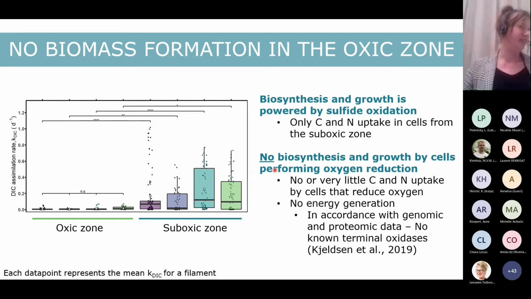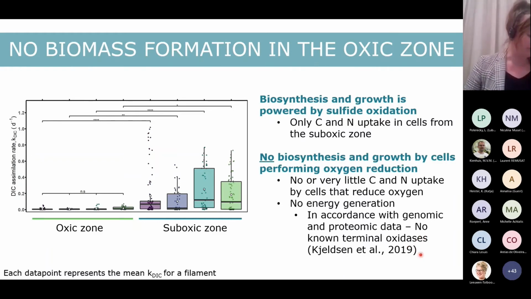Strangely enough, we did not see any biosynthesis and growth by cells from the oxic zone, so cells that were performing oxygen reduction. Which led to the conclusion that cells that are doing the oxygen reducing half reaction cannot generate energy. Which is strange because you need energy to survive, but it is in accordance with genomic and proteomic data on cable bacteria genomes and proteomes, where they found no known terminal oxidases, which are proteins that can couple oxygen reduction to energy generation.